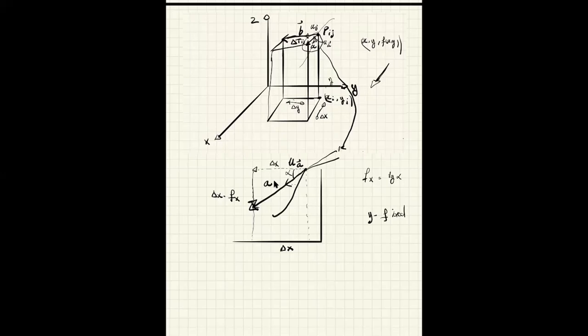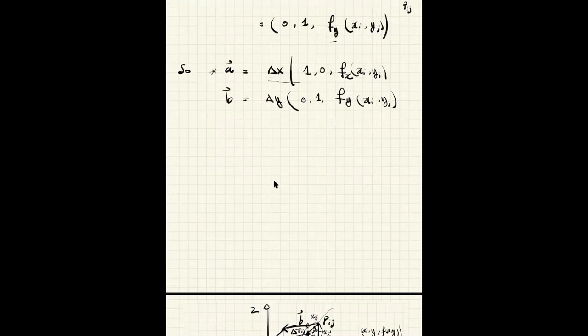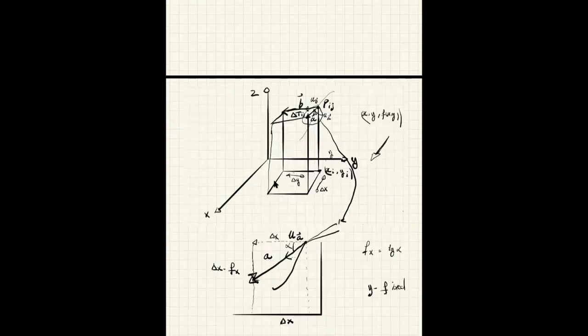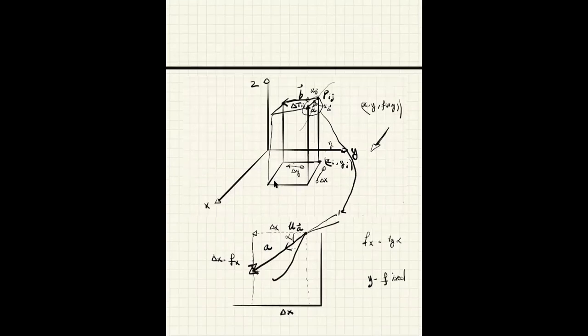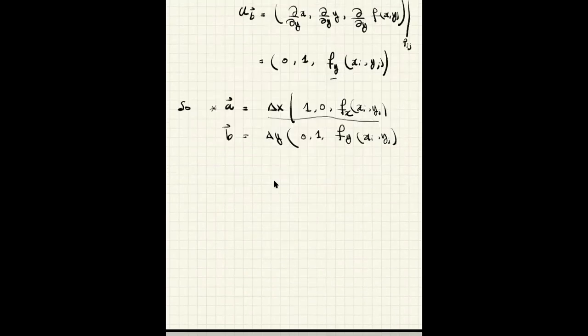Then we multiply by delta x because we are moving from here to here, which is delta x. So it gives the z component, and the x component is given by delta x, which is exactly what I have here. And then you do the same thing for y. It's exactly the same, but you move in the other direction. That's exactly what you need to know if you want to understand this formula.